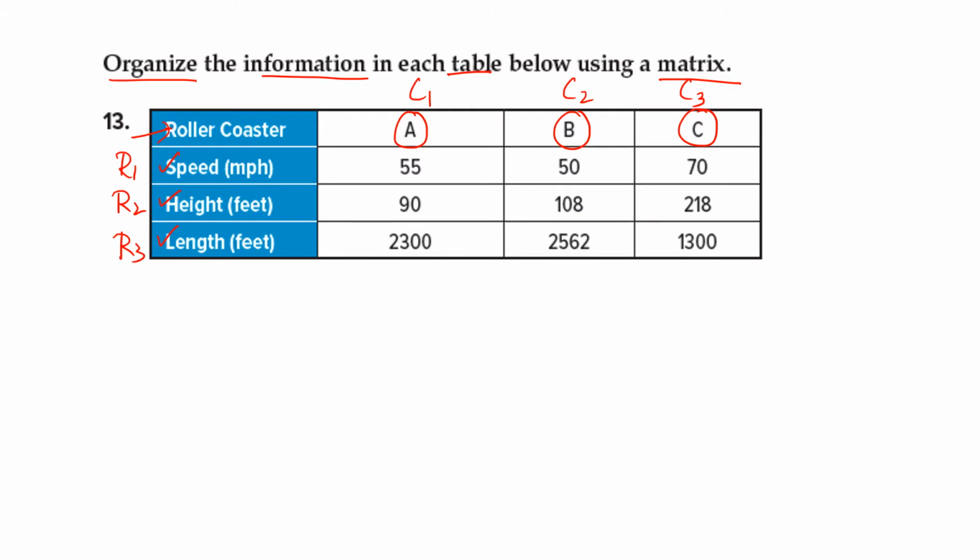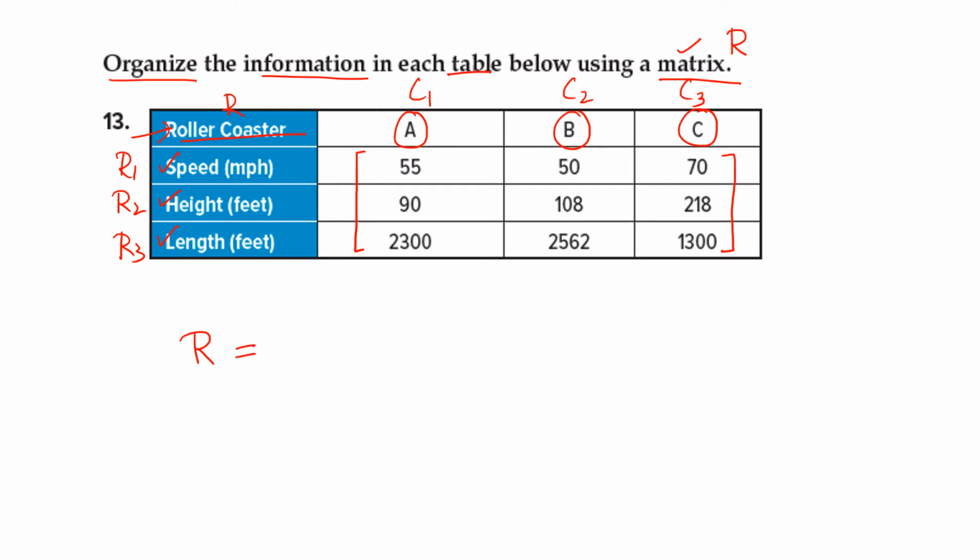Now, because we are just organizing the numbers or the entries, elements in the matrix notation, we are just going to pick up from here. You know a matrix is denoted by square brackets. If I name this matrix with a capital letter R denoting the roller coaster, that's the notation I use.